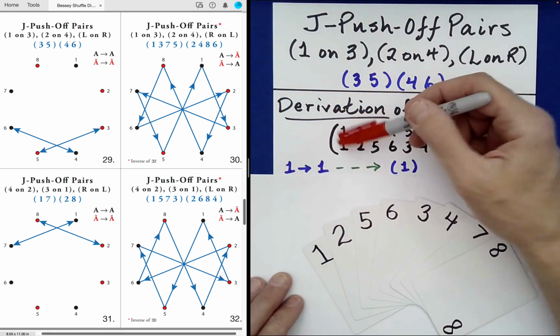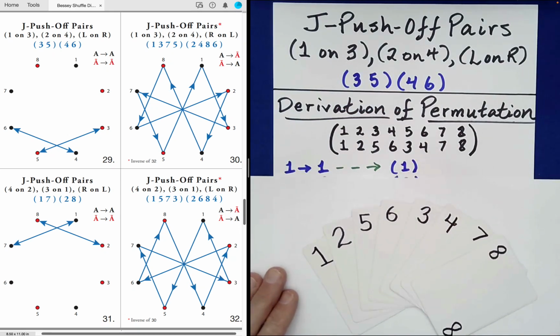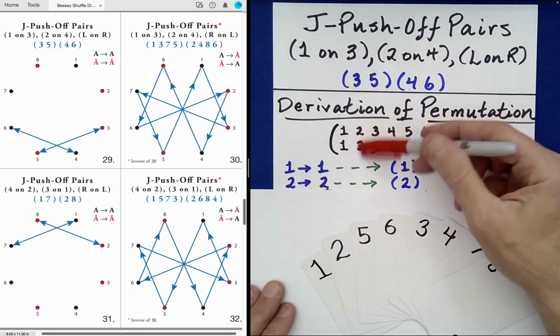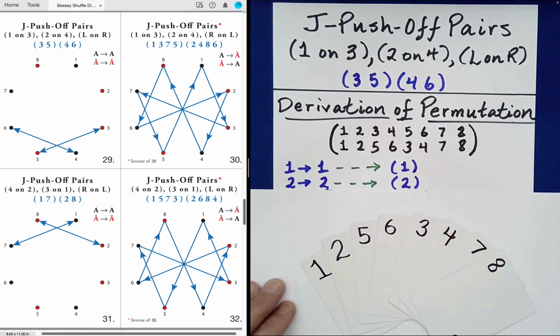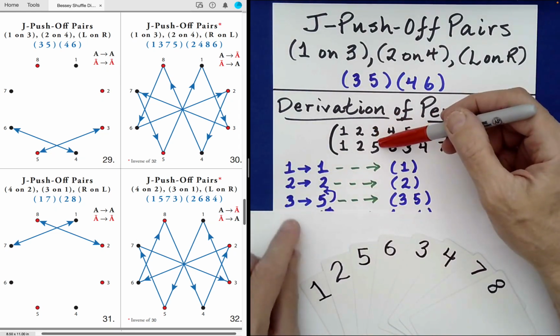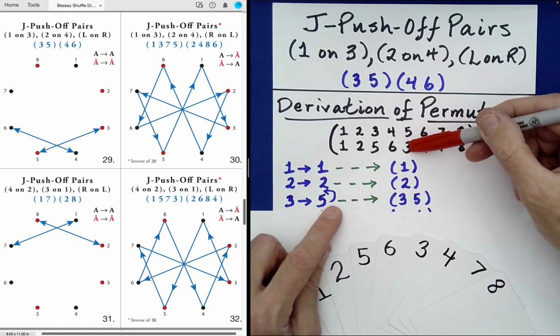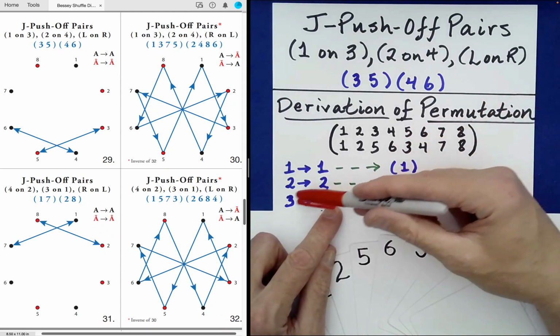1 goes to 1, so we get a fixed point, or a 1 cycle. 2 goes to 2. So whatever starts in position 2 ends up back in position 2. 3 goes to 5, so we have an arrow from 3 to 5. 5 goes back to 3, so we have this cycling back arrow.